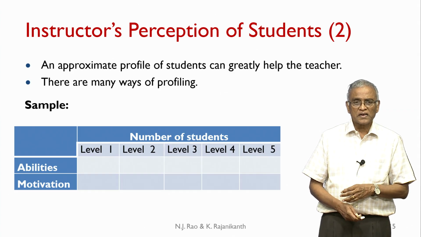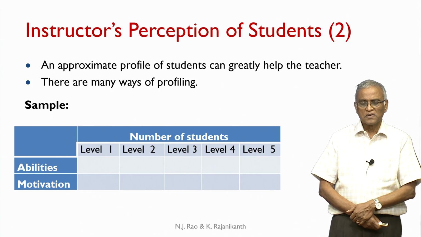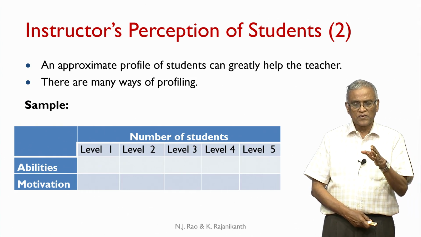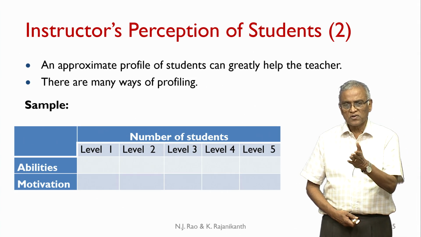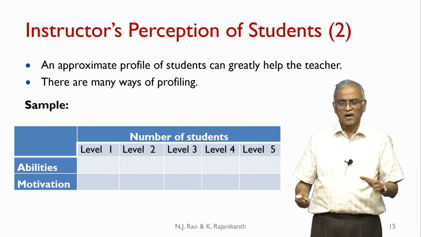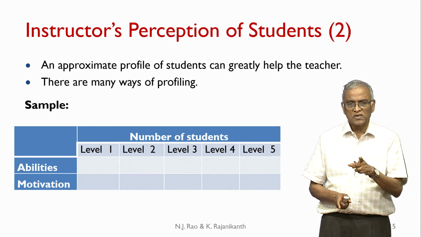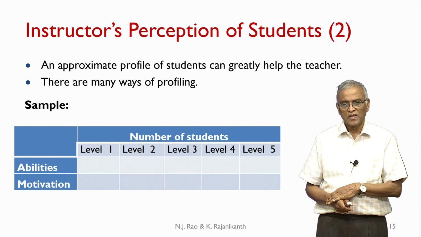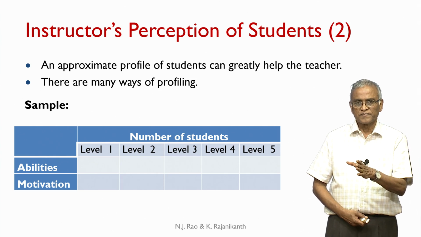Then based on that, an approximate profile of students can be created like this with respect to ability and motivation. Here I showed indicatively 5 levels. You can create more levels or fewer levels. Then you can say how many students are there at each level. Then I know where to peg my instruction.